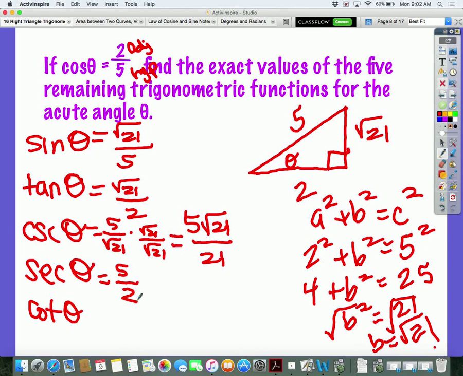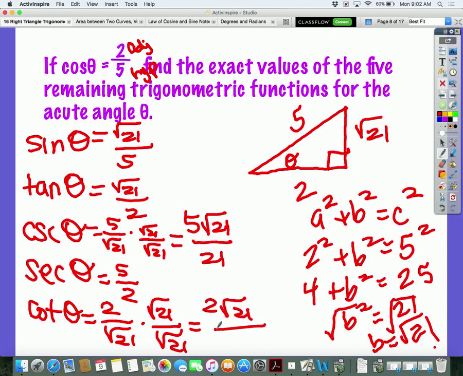And then cotangent is the reciprocal of tangent. So I flip tangent, but I have to rationalize to get 2 root 21 over 21. And those are my remaining 5 trig functions. Questions?